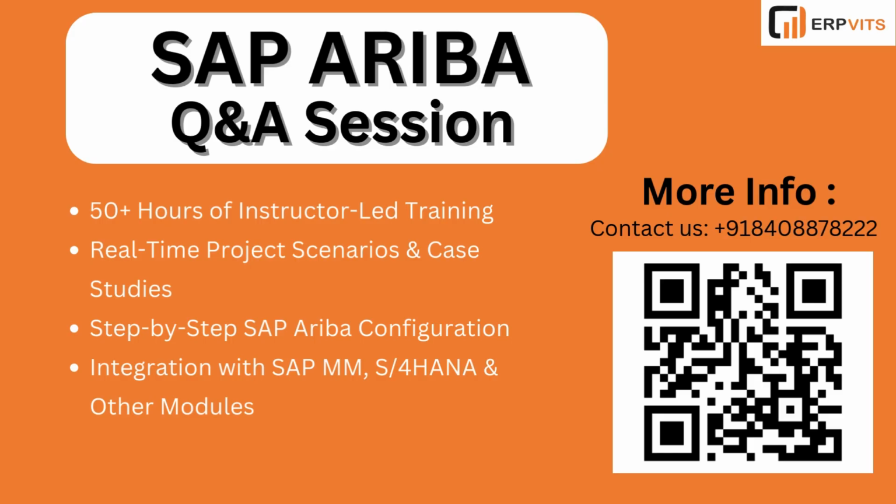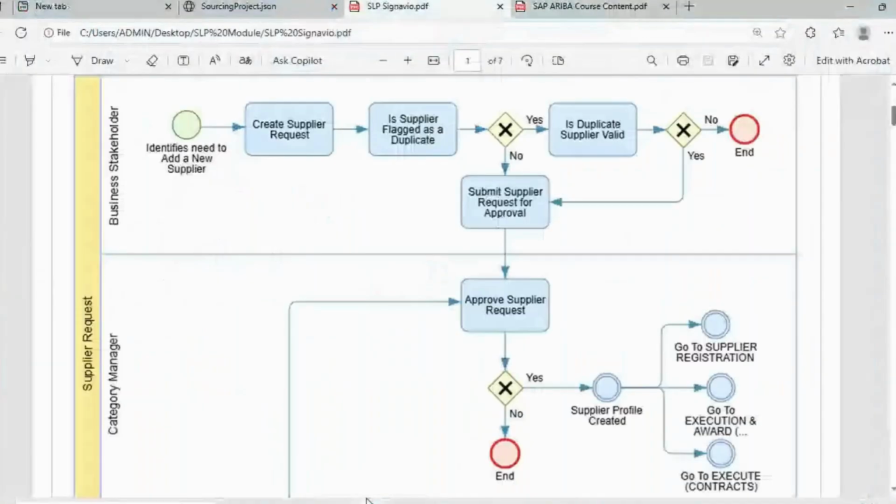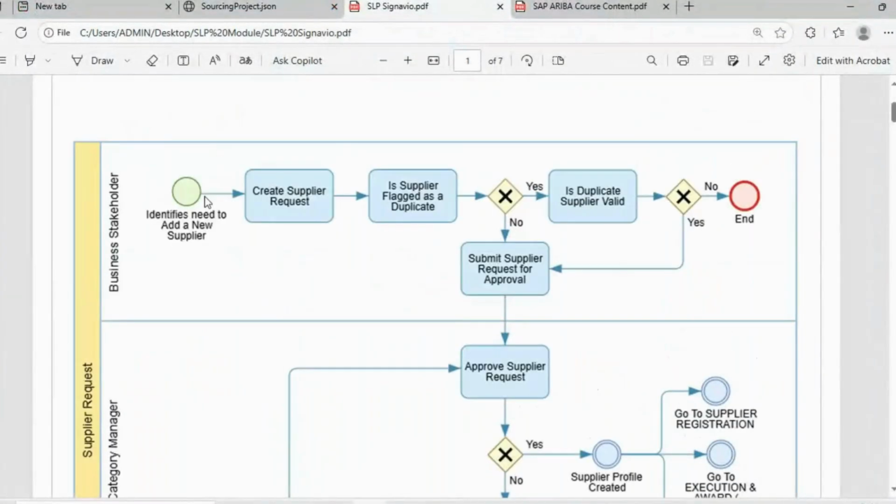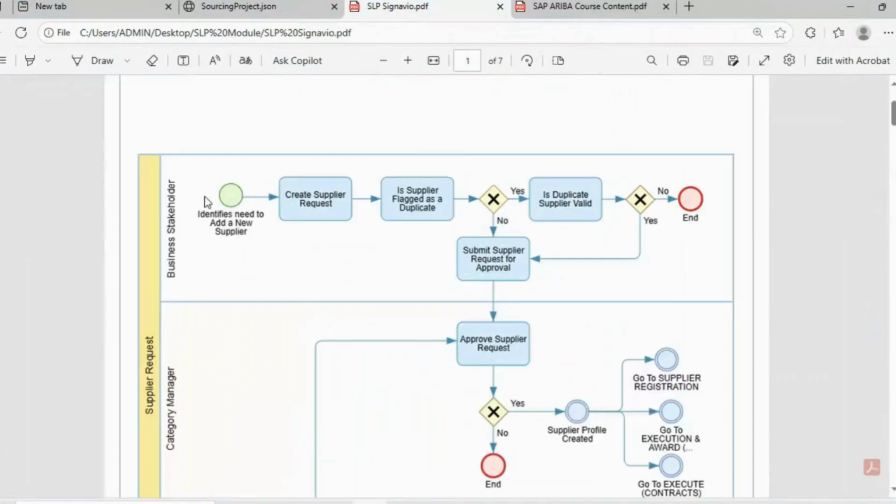They have stored standard business process flows. If you log in with an S user, you will have a best practices flow. These flows, whichever I have shown, are not prepared by me. This is the Signavio process, the SAP standard process flow.